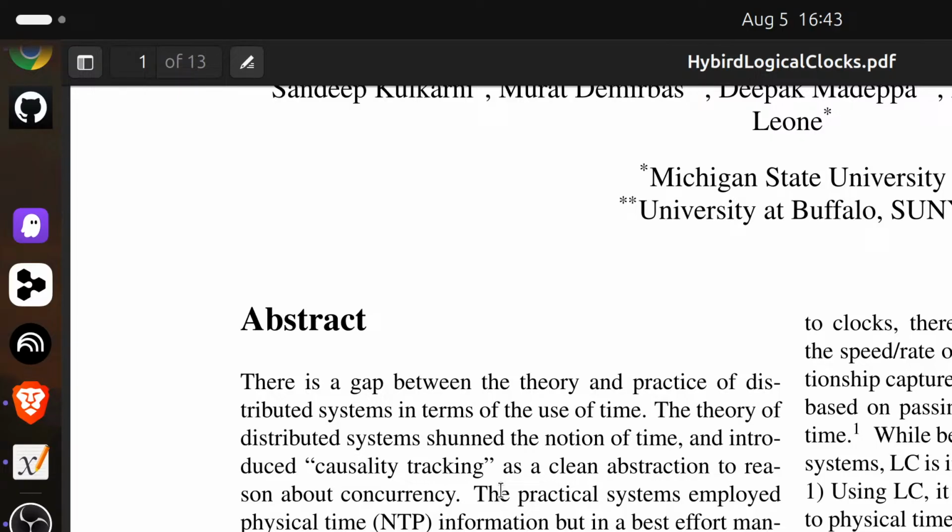In an effort to bridge this gap and reconcile the theory and practice of distributed systems on the topic of time, we propose a hybrid logical clock, HLC, that combines the best of logical clocks and physical clocks.